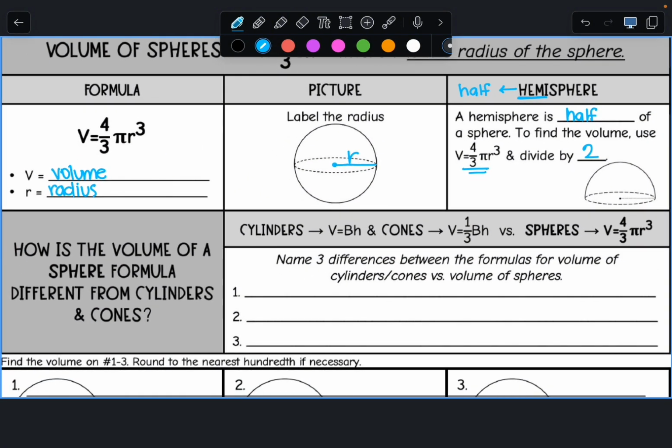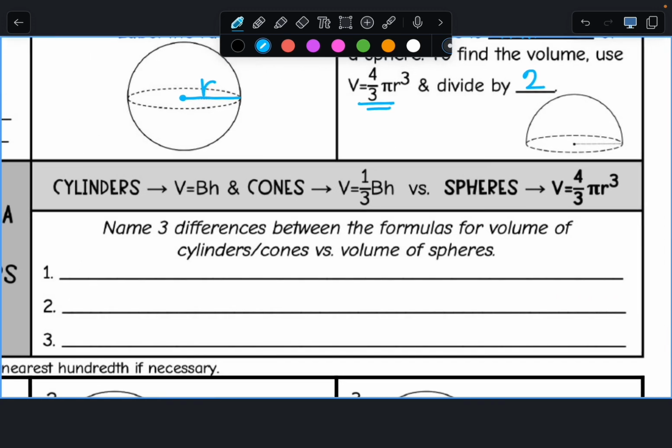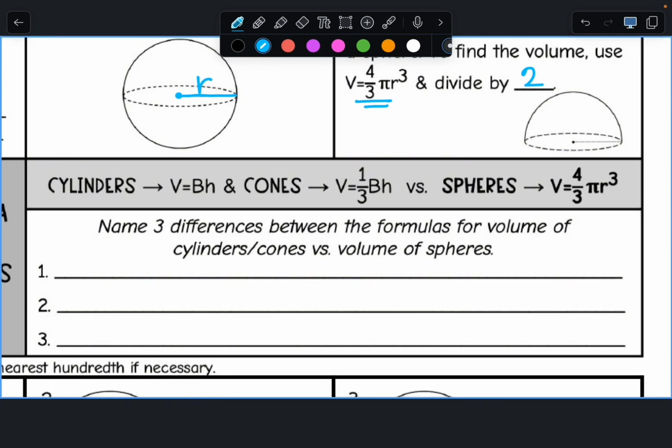So how is the volume of a sphere different from cylinders and cones? Name 3 differences. The r cubed. Okay, so we use r cubed instead of r squared.